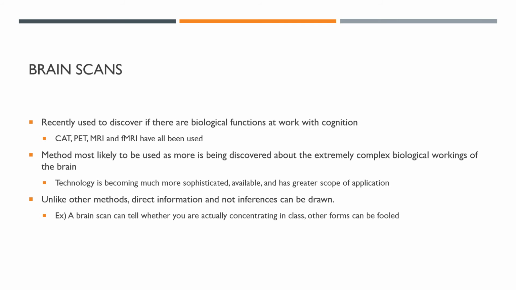And this is most likely to be used more as more is being discovered about the extremely complex biological workings of the brain. As technology becomes more sophisticated, the more we are using these methods in order to learn more about cognition.